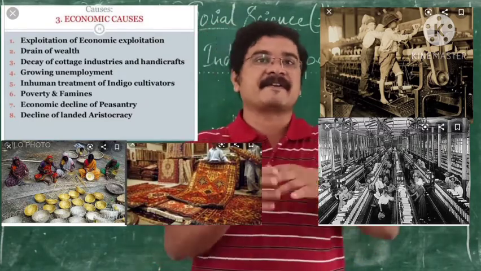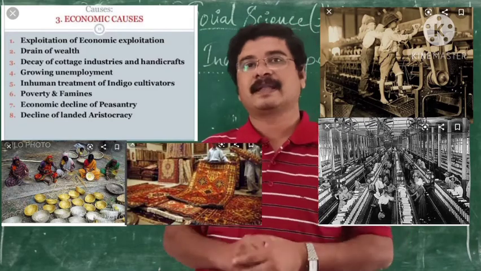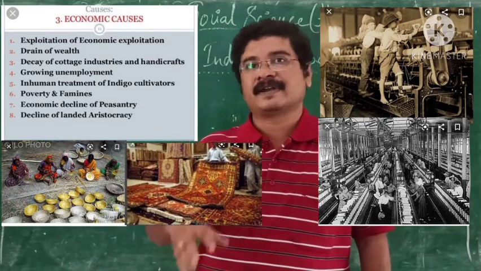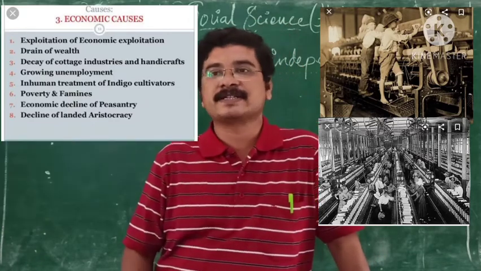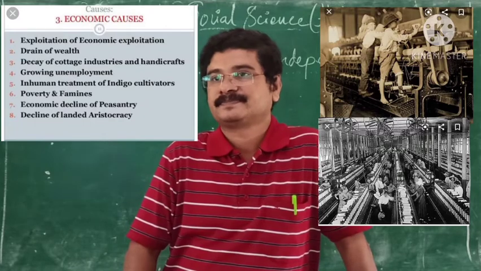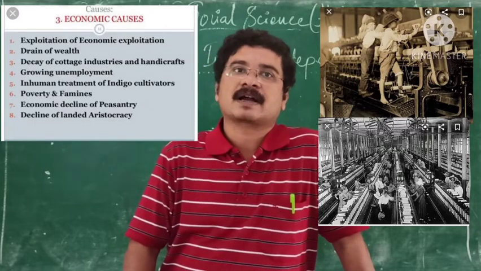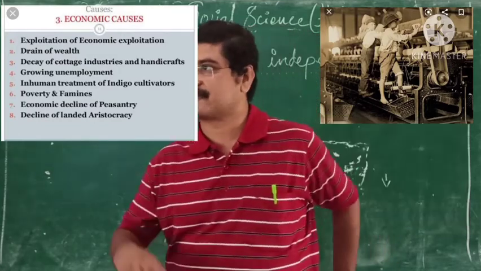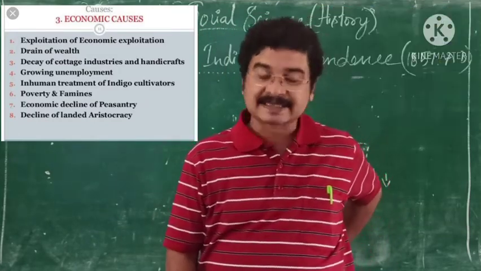So everyone was attracted to the cheap prices, like China items. Afterwards, our Indian crafts and cottage industries suffered a lot. So our craftsmen became unemployed, the textile and wool industries became sick, and people lost their jobs.